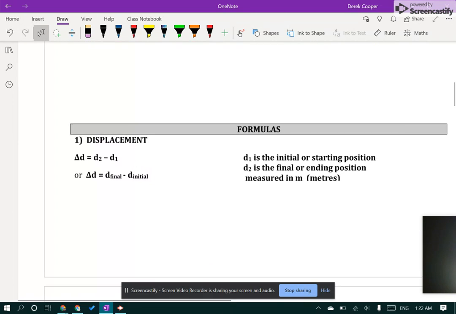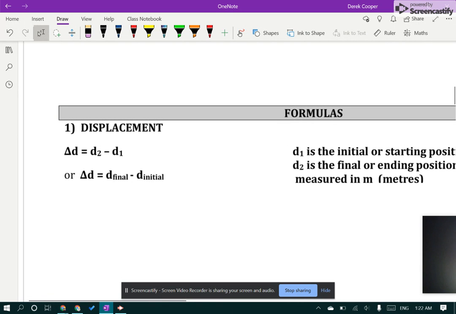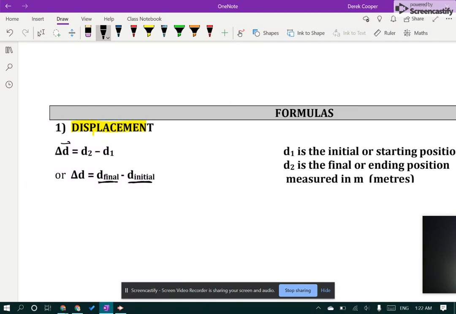So to do these questions, you are going to need two equations. The first is our displacement equation. So our displacement equation is this: the change in displacement, so the little arrow at the top, is the final position minus the initial position.